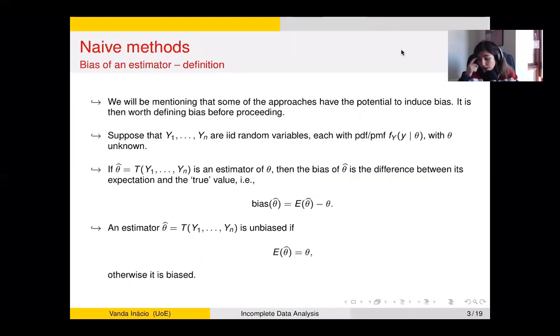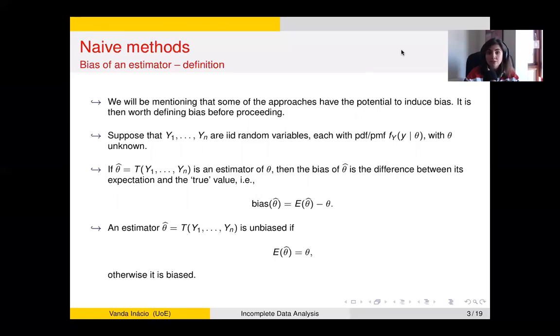But a small aside before going ahead. We will be mentioning that some of the approaches have the potential to induce bias, or that they lead to biased estimators, and so it's probably not a bad idea to define what is the bias of an estimator.